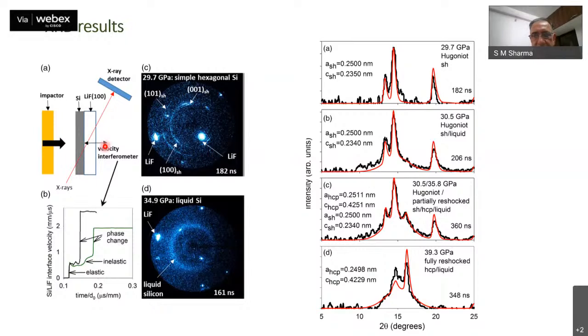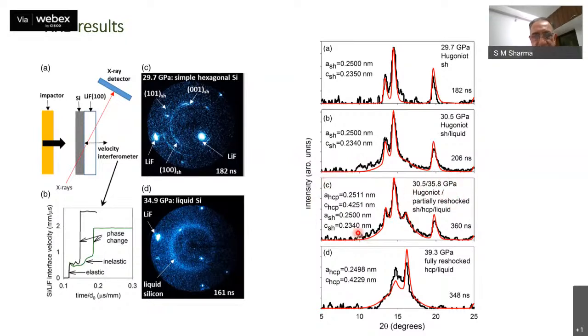For example, if you had an initial pressure here of about 30 GPa, and it was already molten, and then after rebound from this interface, a reshock as I may call it, it went to a higher pressure of close to about 36 GPa.